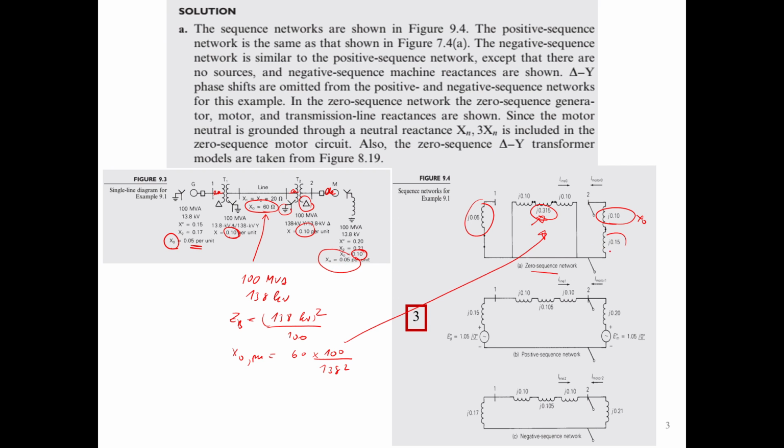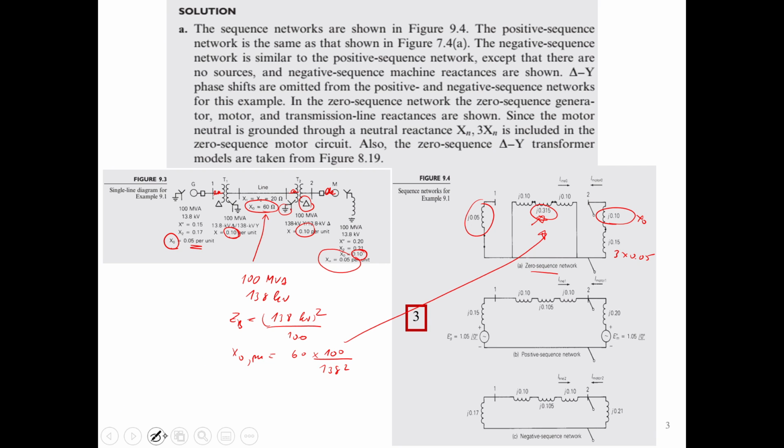So that's why we put three times 0.05 pu, so this becomes 15%, 0.15. This is three times 0.05, right? That's how you get this zero sequence.